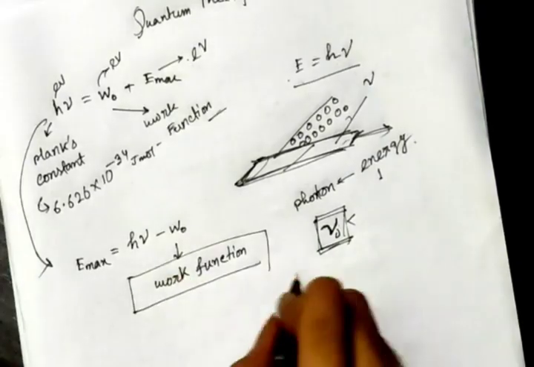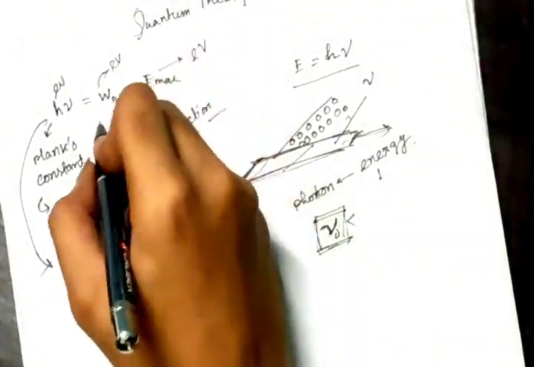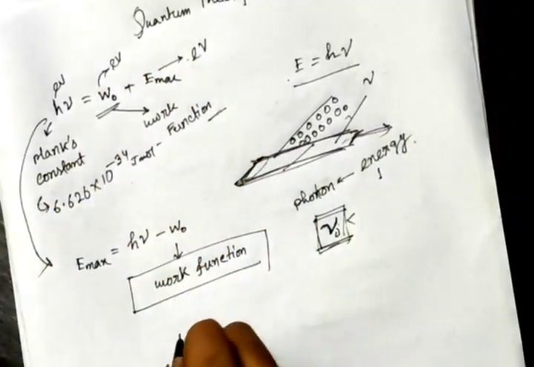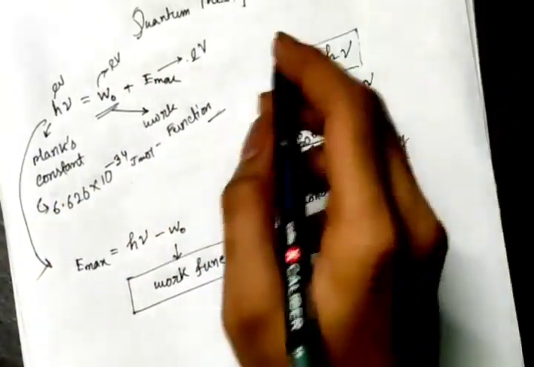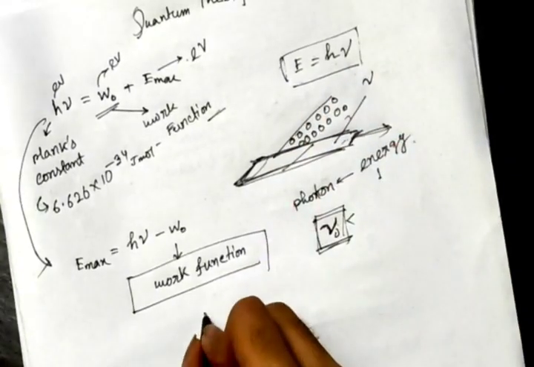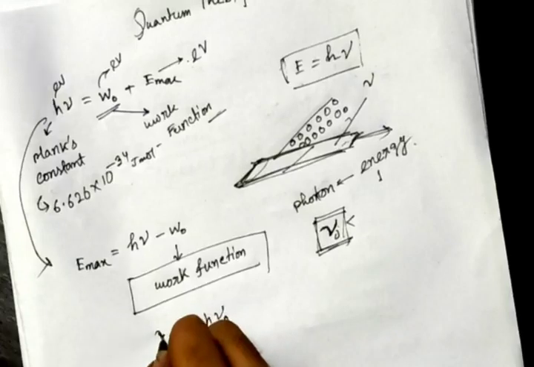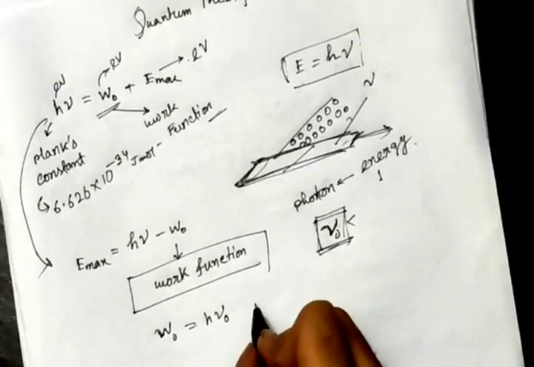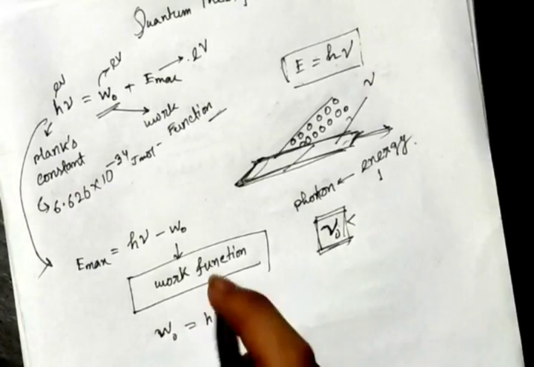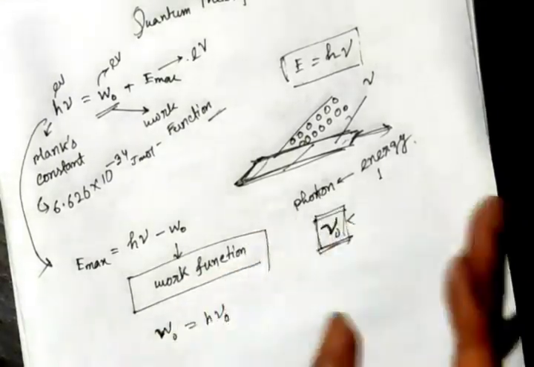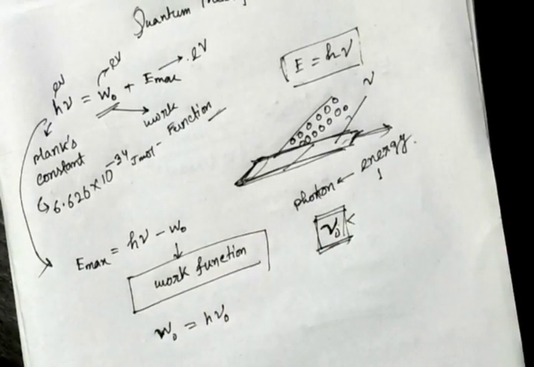This is also energy. Therefore from this formula we can write how much the energy will be: h nu naught, and this is the work function. It is different for different materials used in the photoelectric effect.